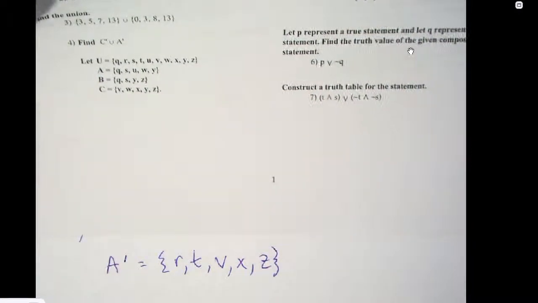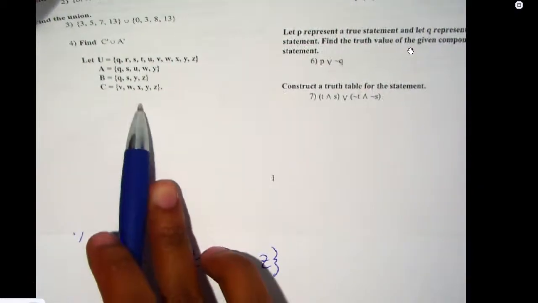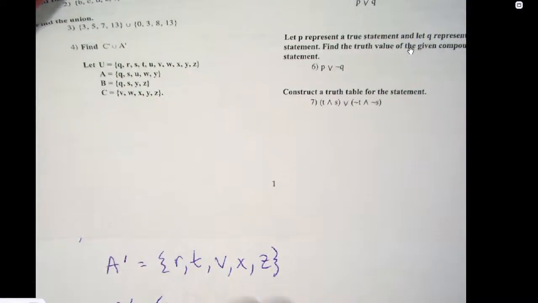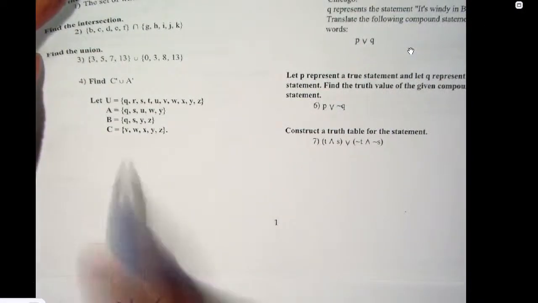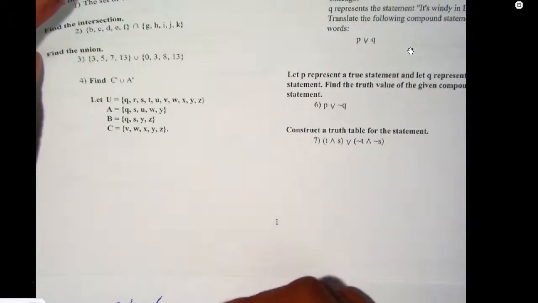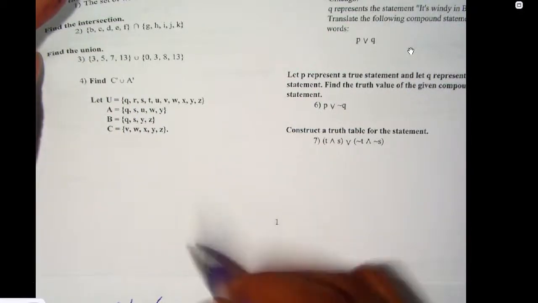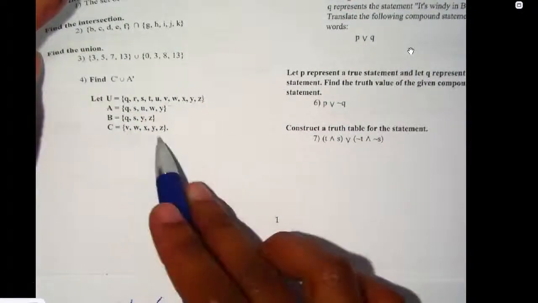Okay, that's A complement. Now I do the same thing with C compared to the universe. So C complement, let me look at that carefully. So Q, R, S, T, and U. Okay, and again, all these are the same.